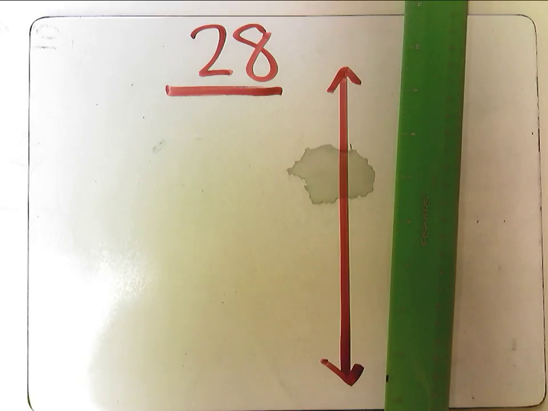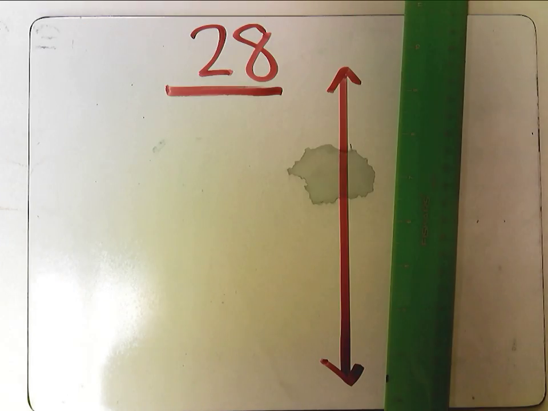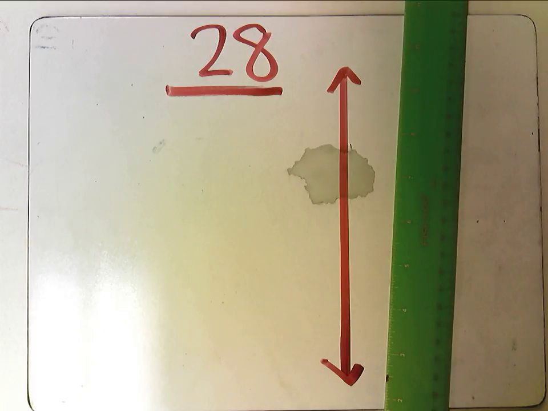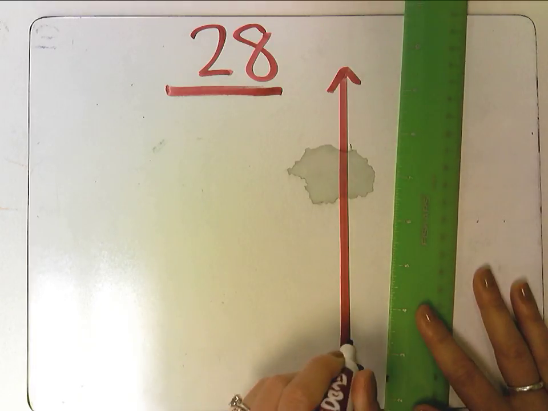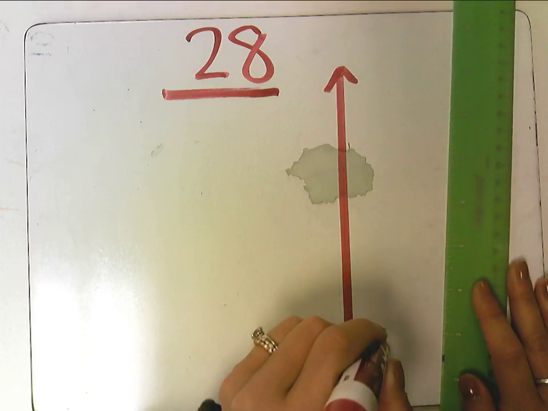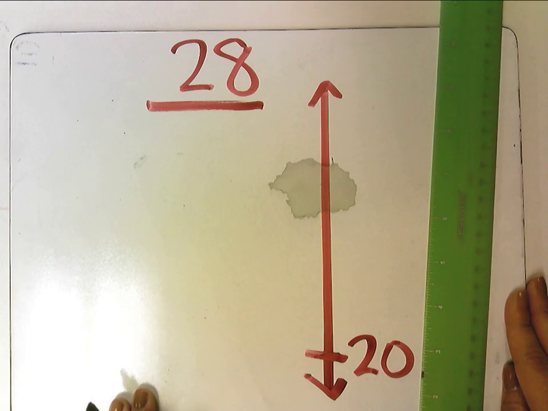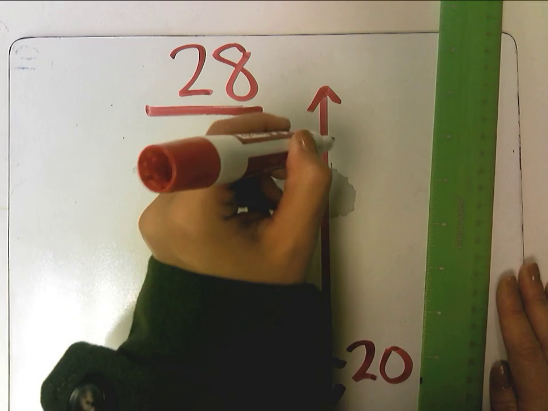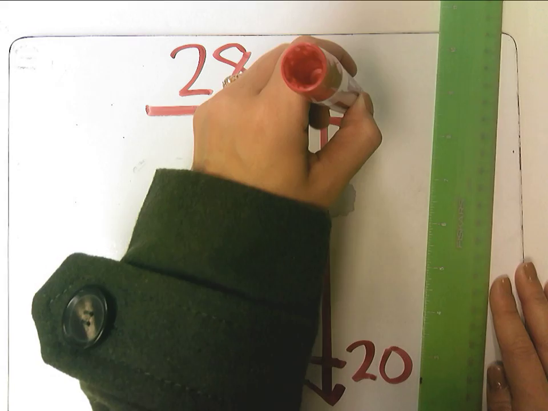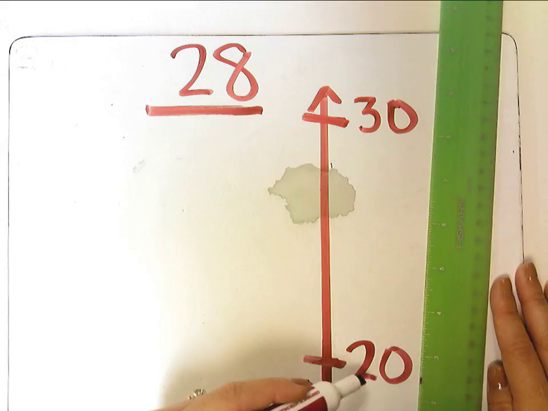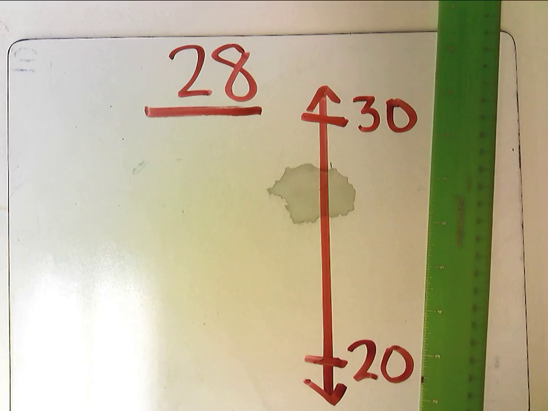So we're looking at the number 28, and we need to think about which two tens 28 would be in between. So we know that if it's 28, the bottom of our number line would be 20. And the next 10 after 20 would be 30. So that's the top of our number line. So 20 and 30. Here's our number line.